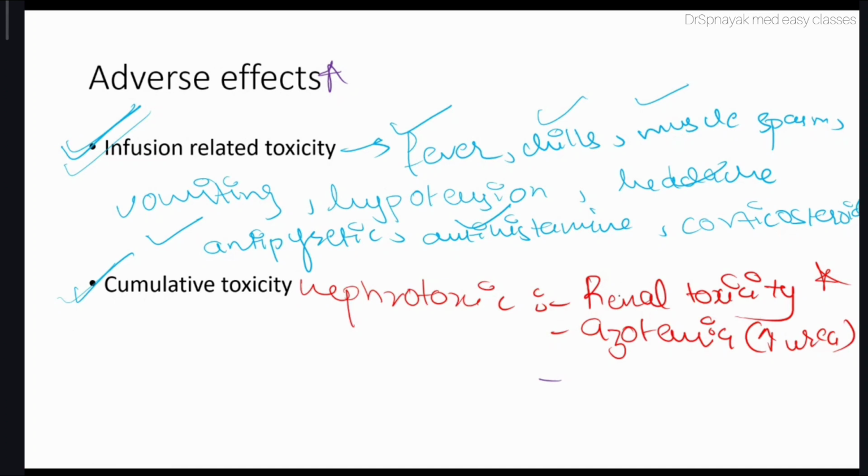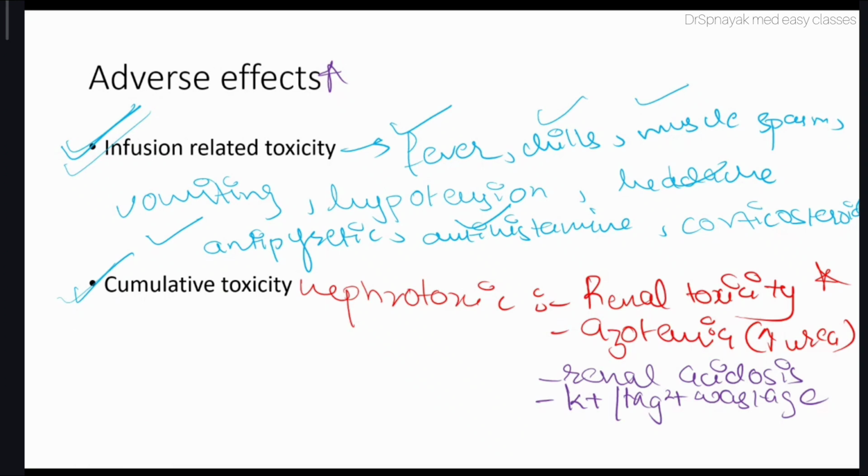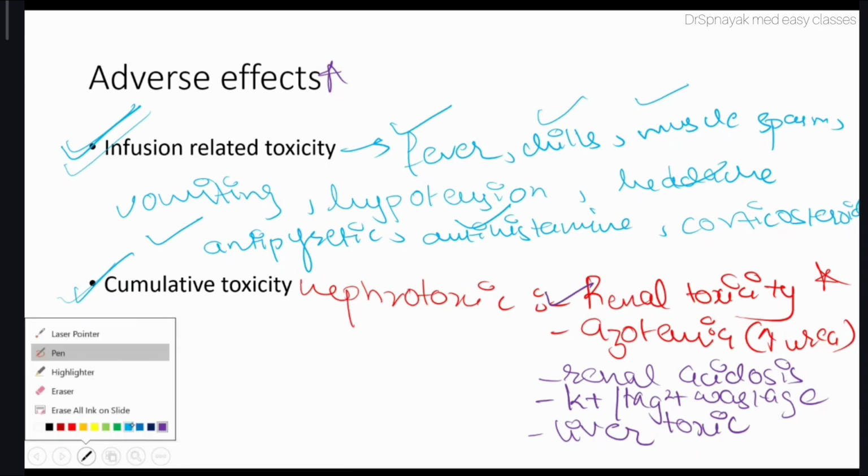In renal toxicity, amphotericin B mainly causes renal acidosis, and it causes potassium and magnesium wastage. Apart from the renal toxicity, it is also hepatotoxic.